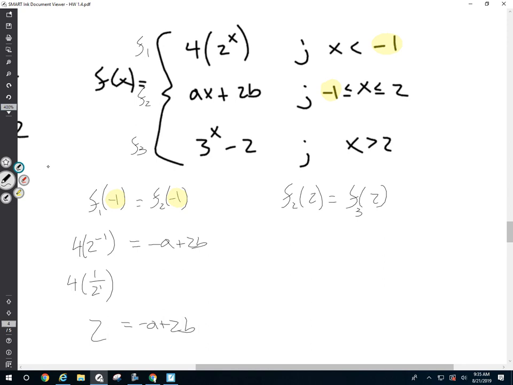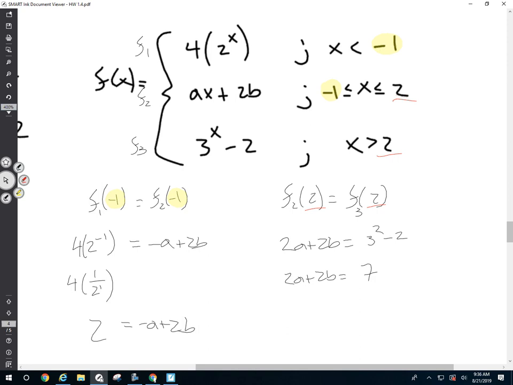So the second piece and the third piece need to meet up at 2. Plugging in 2 for x, I have 2a plus 2b equals 3 squared minus 2. 2a plus 2b equals 9 minus 2, which is 7.